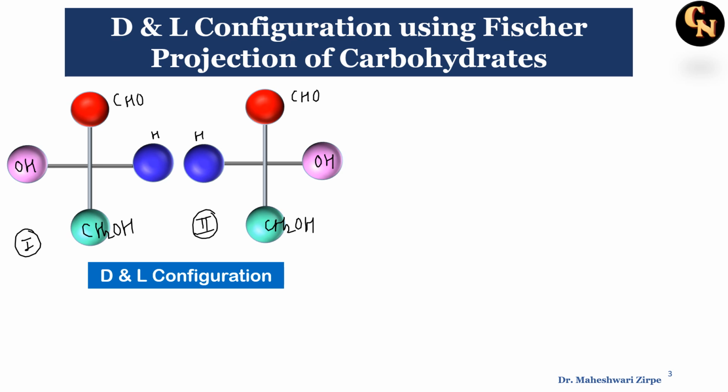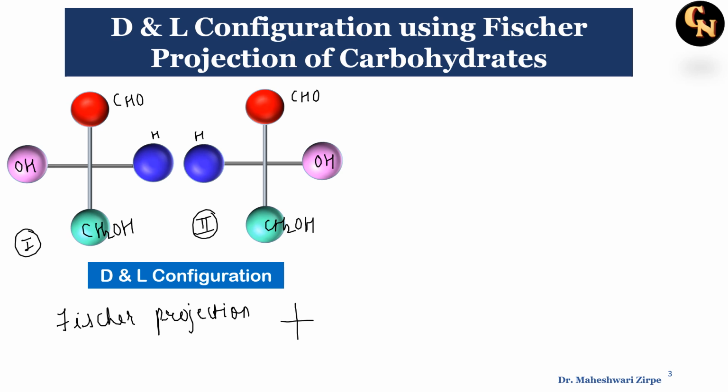Now here we are seeing a carbohydrate in a Fischer projection. Both these diagrams, structure 1 and structure 2, we have drawn in a Fischer projection, because a Fischer projection is a plus sign structure with a vertical line and a horizontal line.